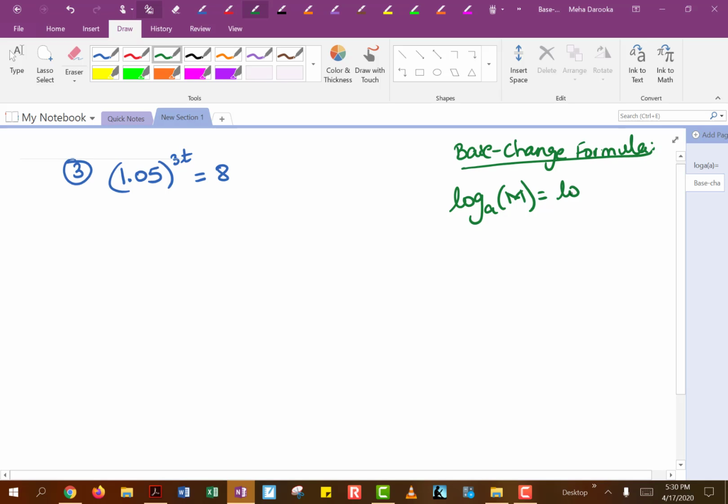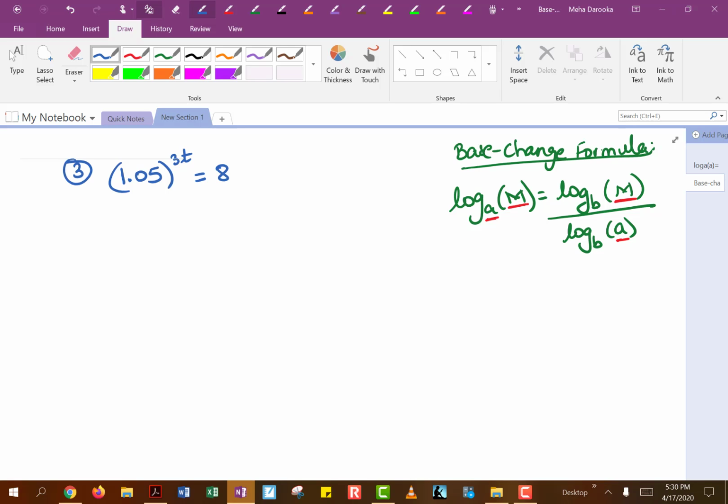Now remember, this will be base b, which can be base 10 or base e, so you can use a common log or a natural log here, and you would put log of m with base b on the numerator and log of a with base b on the denominator. So basically this m goes on the top, this a goes on the bottom. Okay, so that's one way to do it.